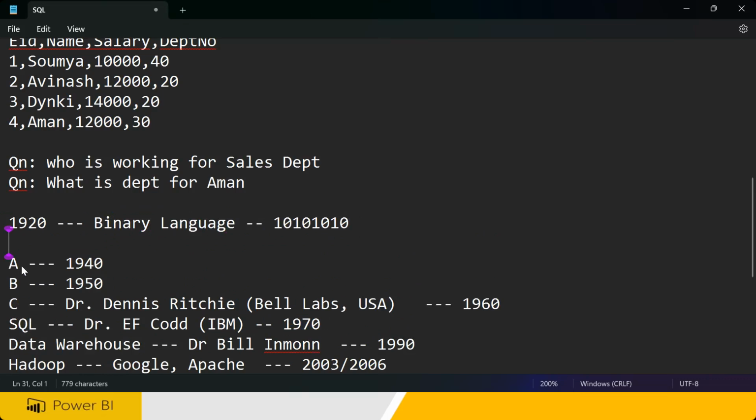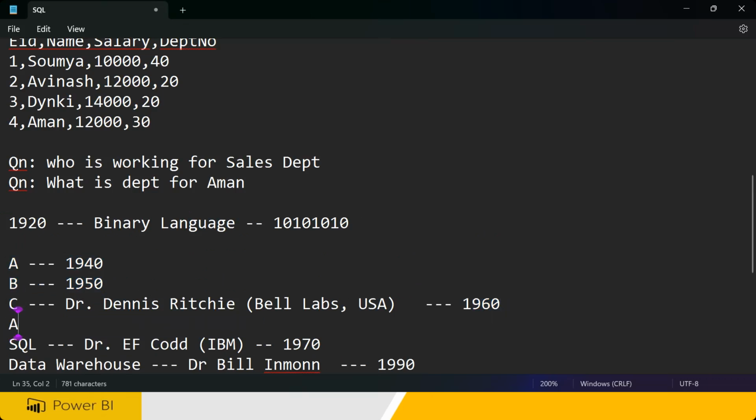The first invention was the language called A. Before that, a lot of other languages came. The first language called A was released in 1940, and after that the language called B was released in the 1950s, and it had a lot of issues. Then we got the C language in the 1960s. It gave you a more English-like language. But even C has a lot of issues, and the next language, called Advanced C, got released.